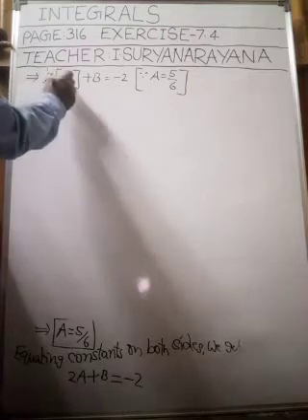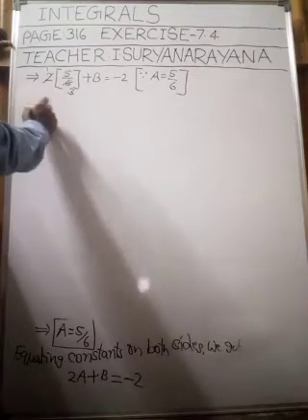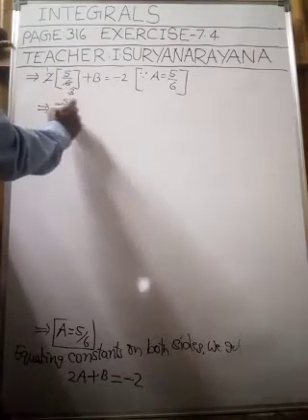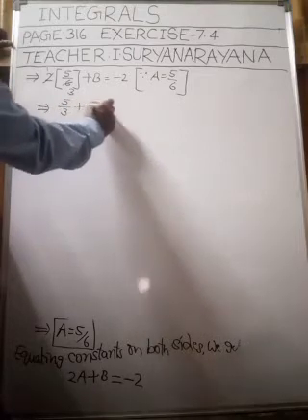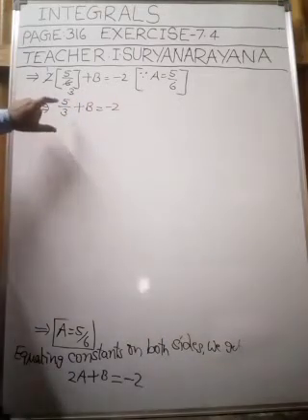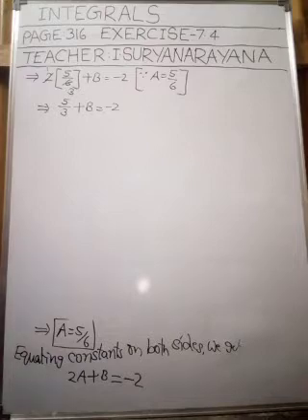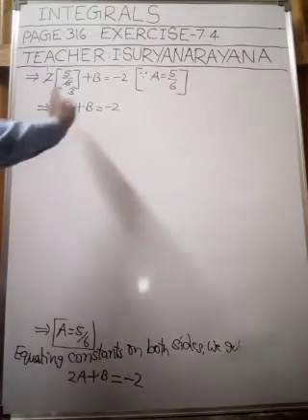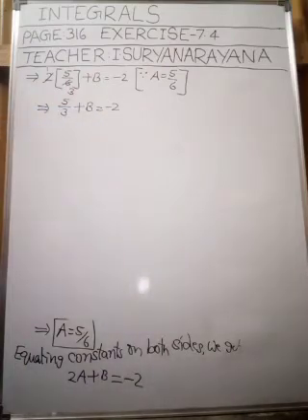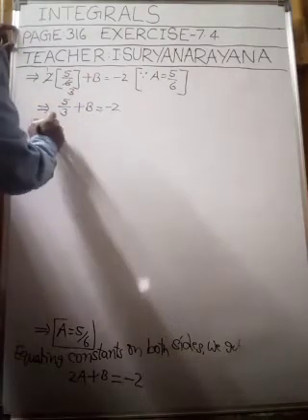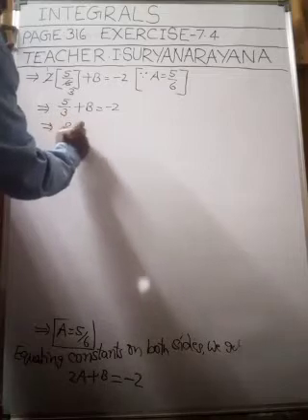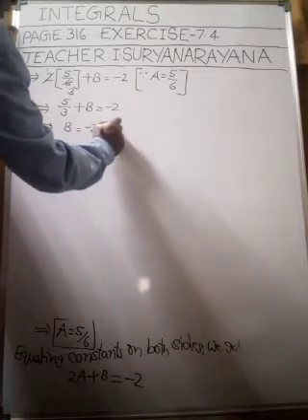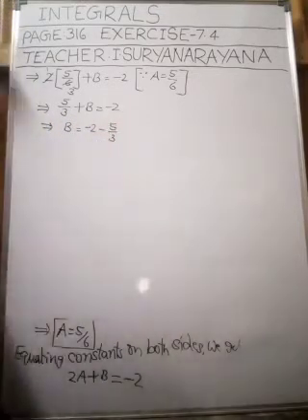Right. 2 once 2, 3 times. This implies 5 by 3 plus b is equal to minus 2. Understood this step, my children? Right. Now we transpose plus 5 by 3 to RHS. Then it becomes minus 5 by 3. Okay, my children. So b is equal to minus 2 minus 5 by 3.